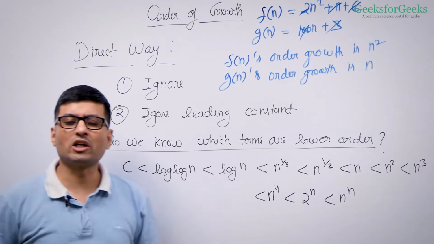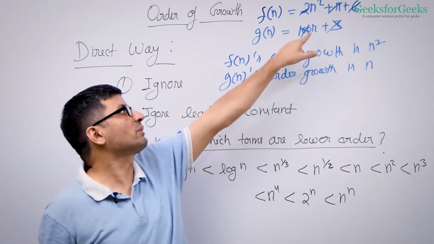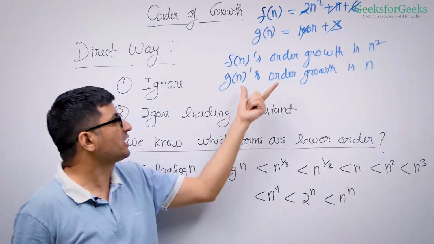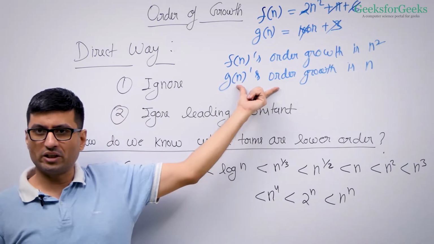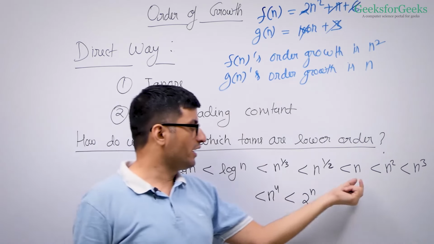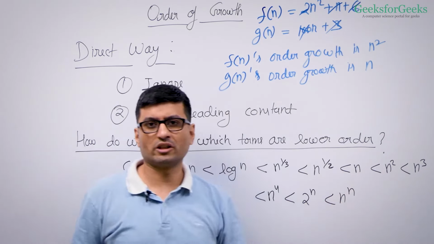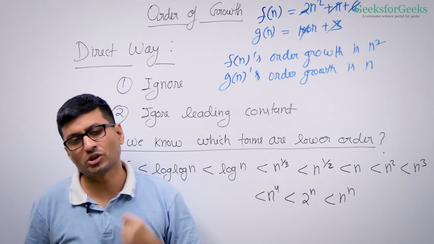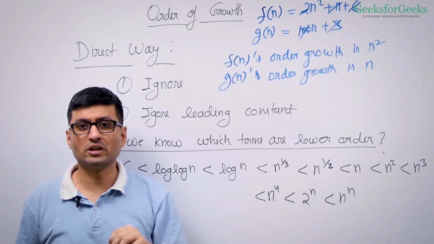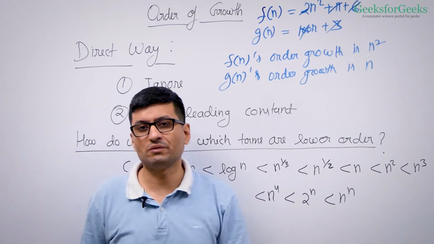Now if there are two algorithms with these times taken by them, then you definitely say that Gn is better because n is less than n square. The time taken by Gn is going to grow slowly when n grows. And we are talking about n tends to infinity.